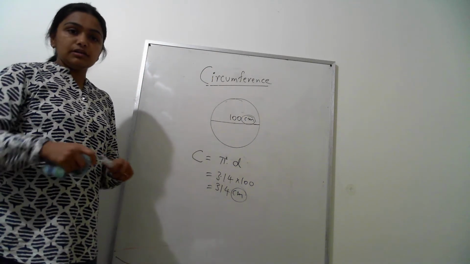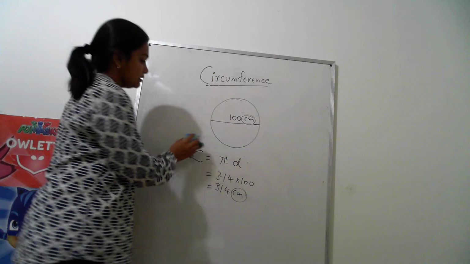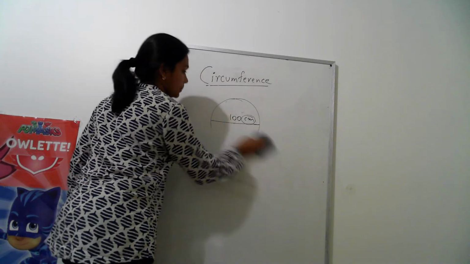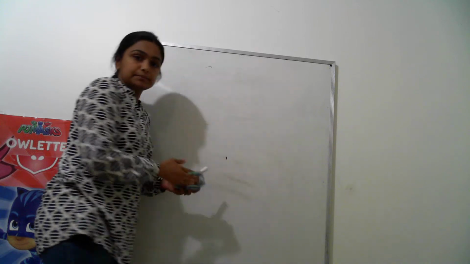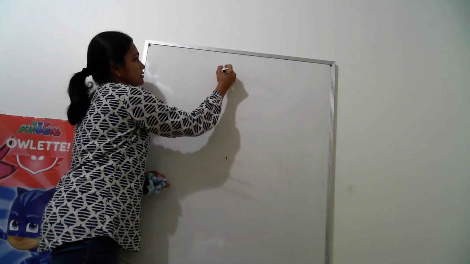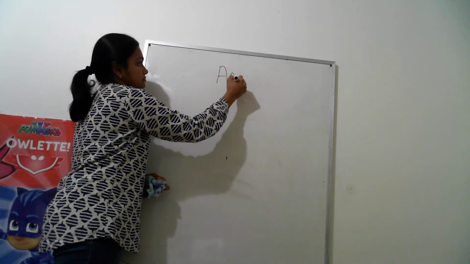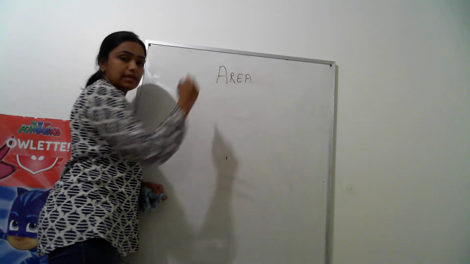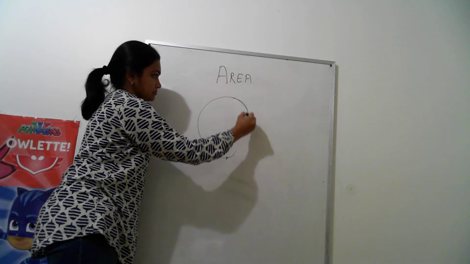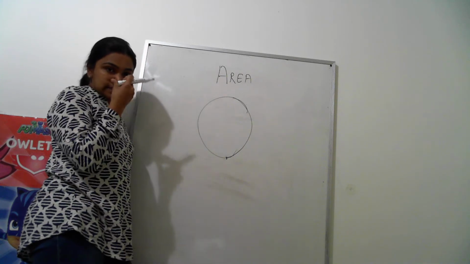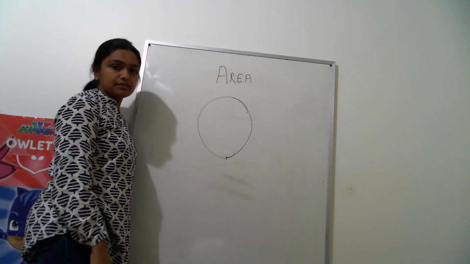Okay, now let's see what is the area of a circle. This is a circle of a certain radius.